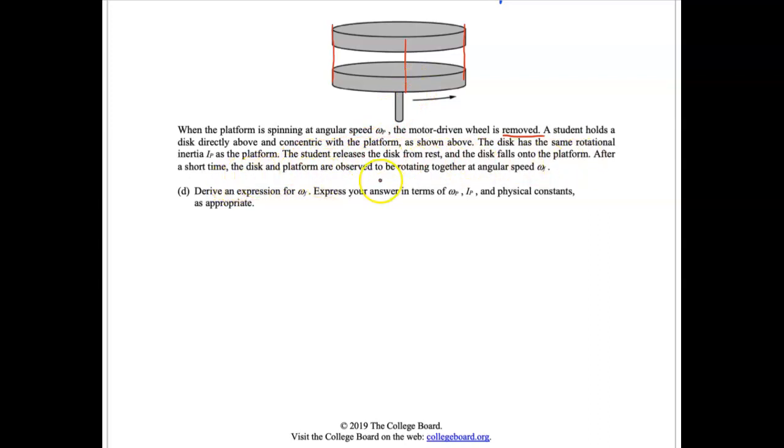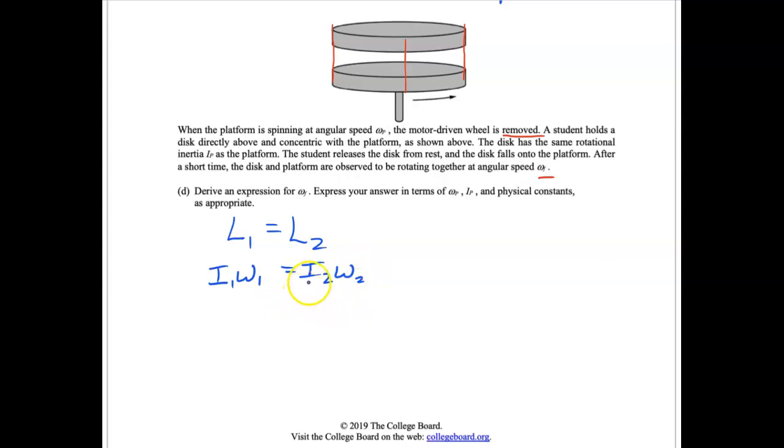After a short time, the disc and platform are observed to be rotating together with an angular speed of omega f. Here is what we want to do for this part. We need to show that there is an angular momentum before and an angular momentum after, and that the equation for each one is I1 omega 1 is equal to I2 omega 2. Now we need to substitute in for our speeds.